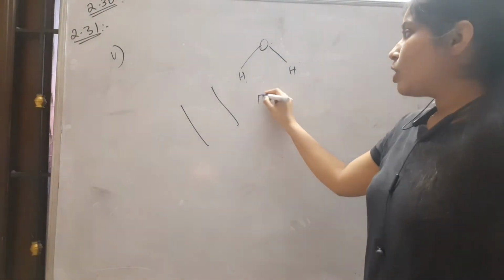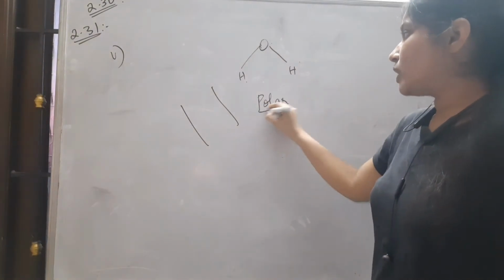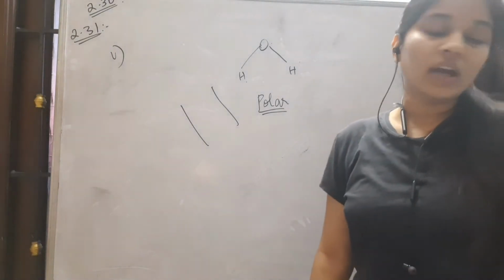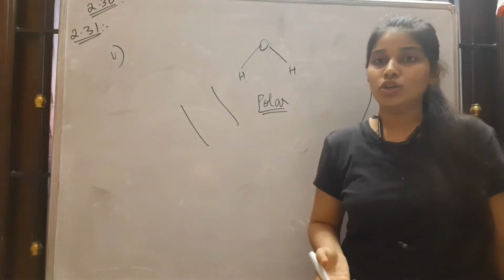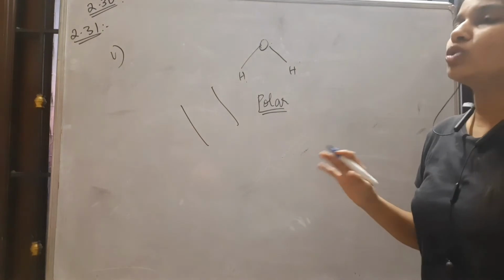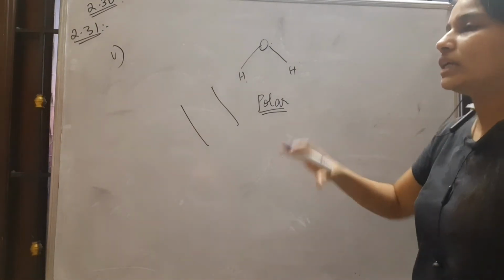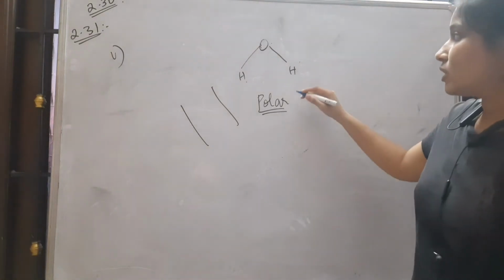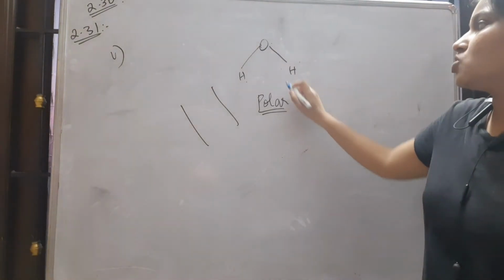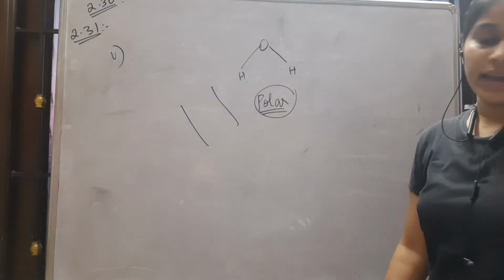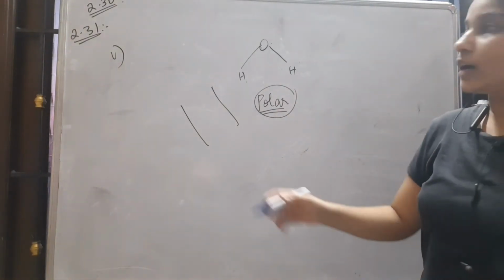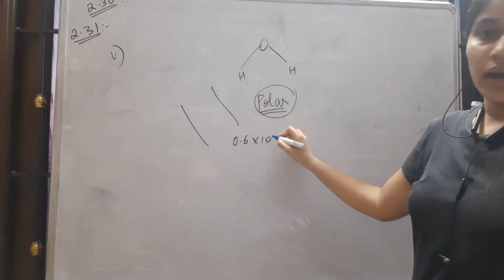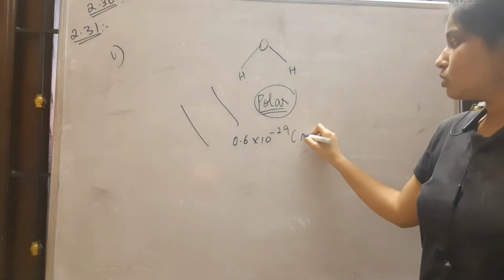Because of that property, its dielectric constant is very large when compared to most of the molecules. So first, it is because it is bent in shape, and the next is because it is highly polar. And the value for this is 0.6 into 10 to the power minus 29 coulomb meter.